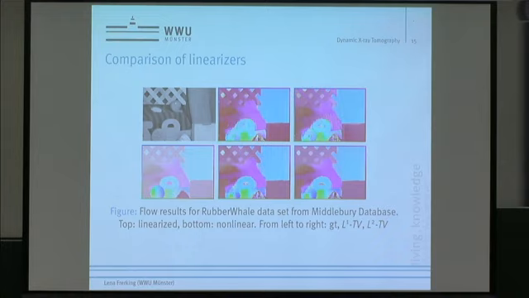Then in the upper row, there are results with the L1 and the L2 norm for the linearized optical flow constraint, and at the bottom for the nonlinear optical flow constraint. And as you can see, there are some vertical artifacts, especially here in the purple and also in the blue area for both of the linearized optical flow constraints, and these artifacts are drastically reduced or even vanish completely with the nonlinear optical flow constraint.